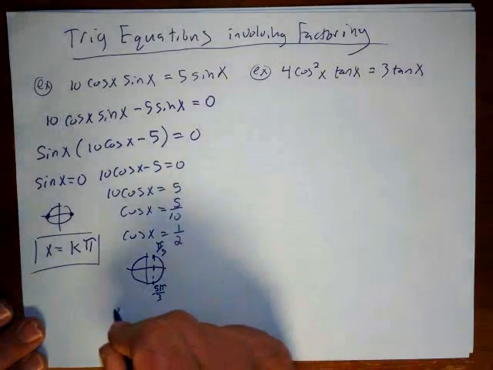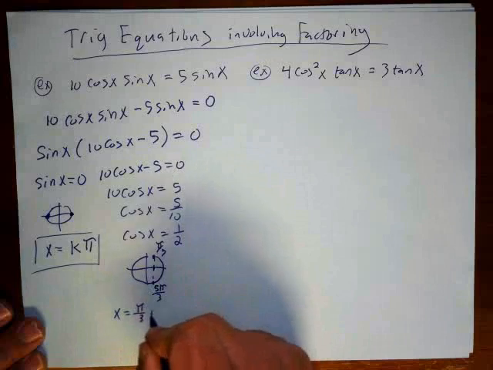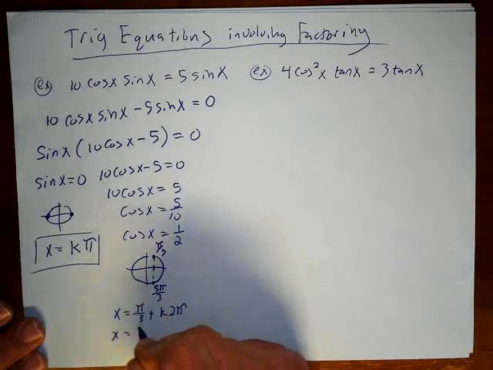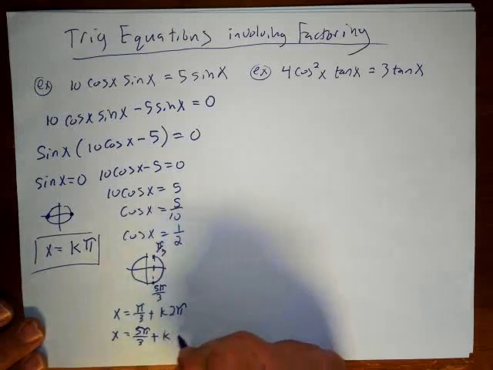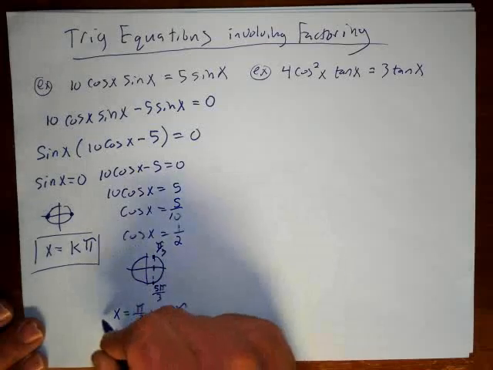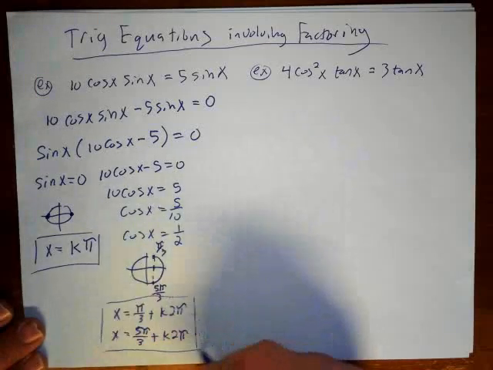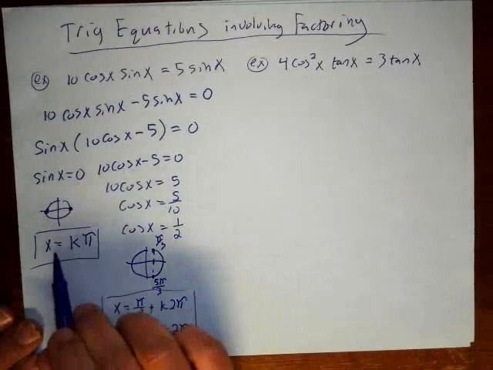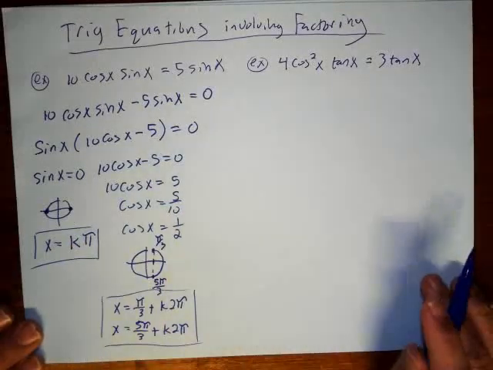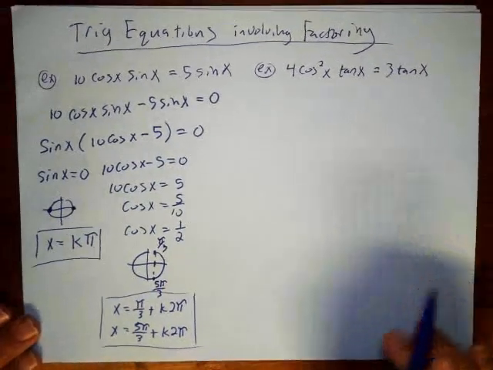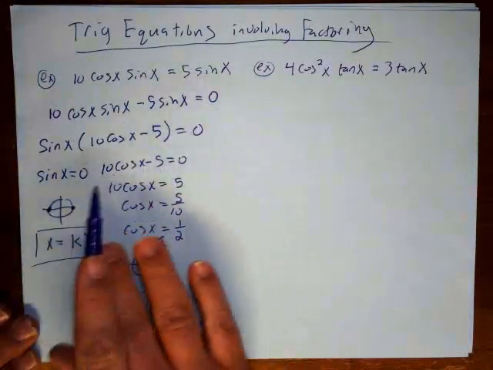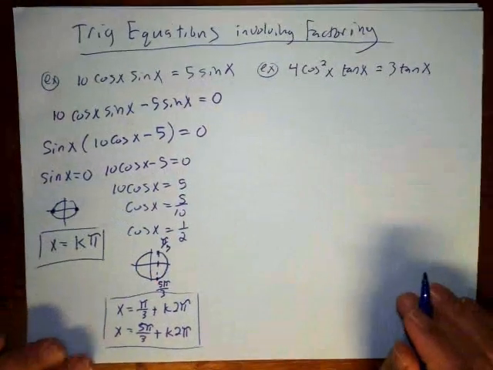So the solutions here would be pi over 3 plus k times 2 pi and 5 pi over 3 plus k times 2 pi. And those would be the other solutions. So all three of these would be the solutions to the original equation. Okay, so the idea is bring everything to one side so it's equal to 0, and then if you can factor it apart, then you can solve the equation.